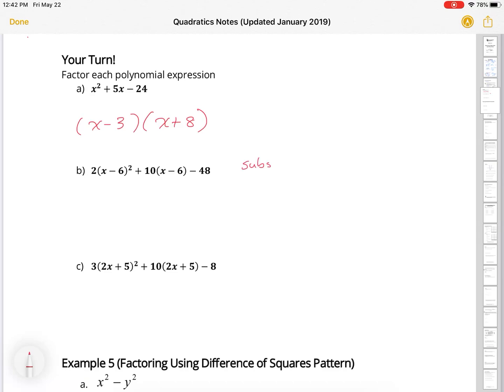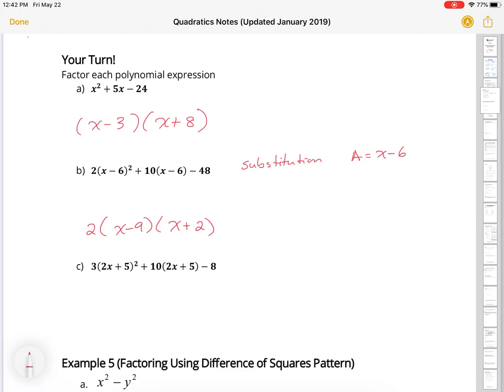This next one, you're going to use substitution. Make a equal x minus 6. And then you're going to do your factoring. Your final answer should be 2 times x minus 9 times x plus 2. Okay.